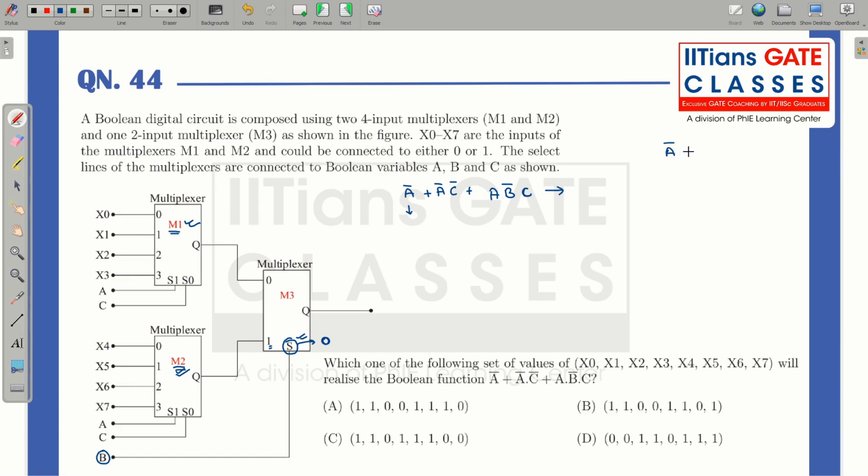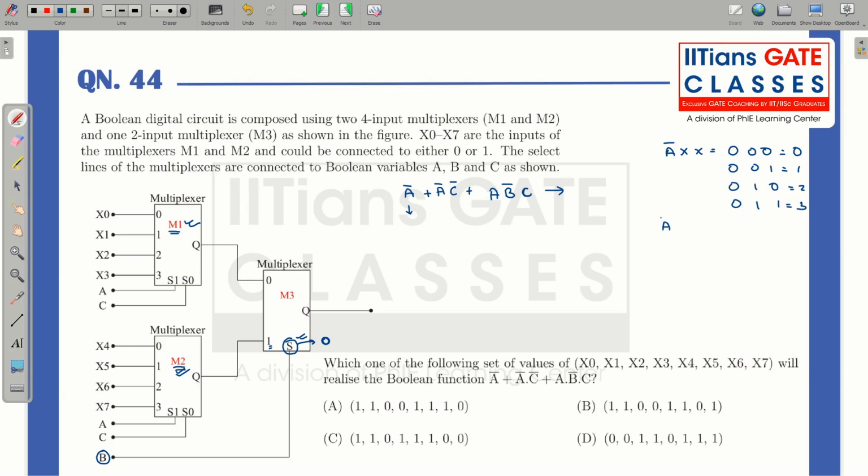B is don't care, C is don't care. So what all possible combinations can I get? 0, 0, 0, 0, 0, 1, 0, 1, 0 and 0, 1, 1. Means the value of A is fixed, it is 0, and for the remaining BC I am taking all the possible combinations. So this is 0, 1, 2, 3.